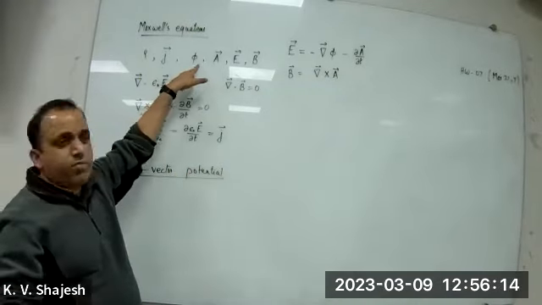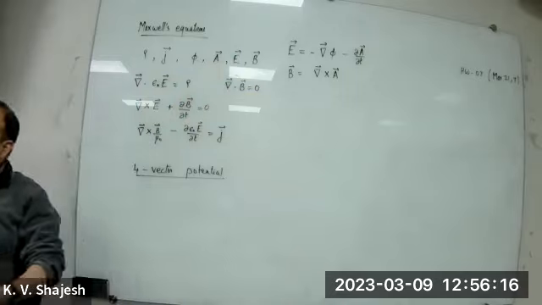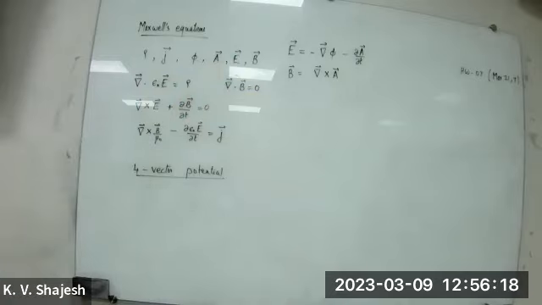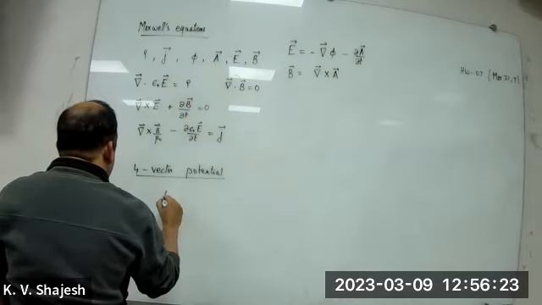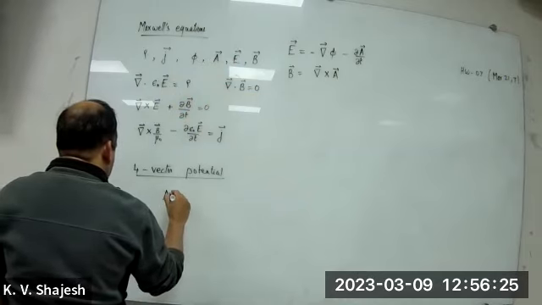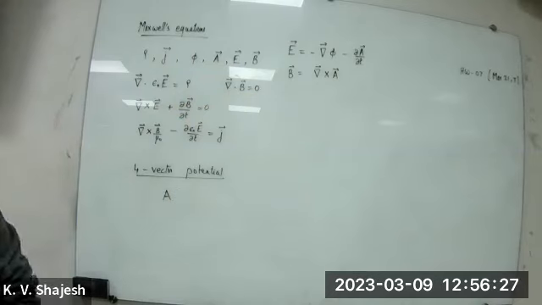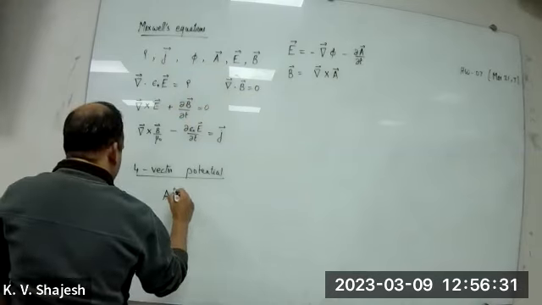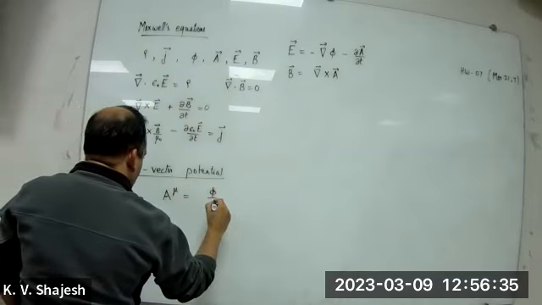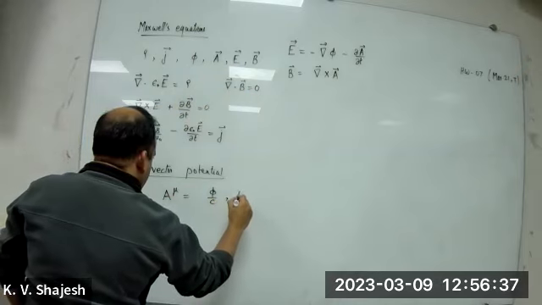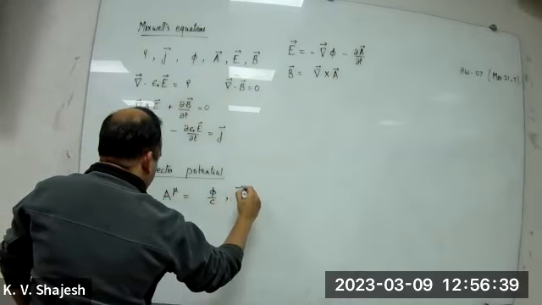Notice there is an electric potential and a magnetic potential. There is a good reason to put them together, and we will say that A mu, which one is this, up or down? A mu is equal to phi over c, and that's your zeroth component.